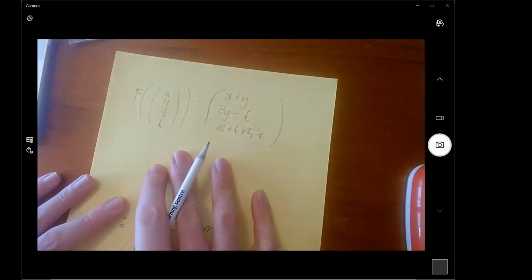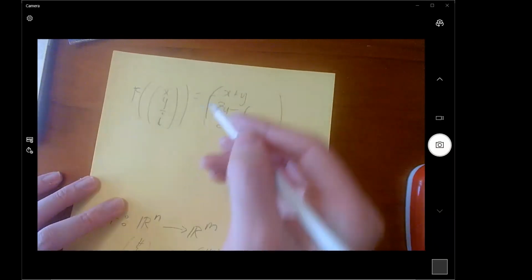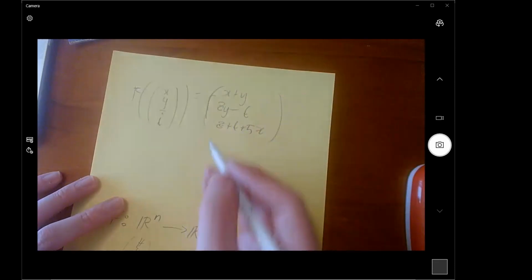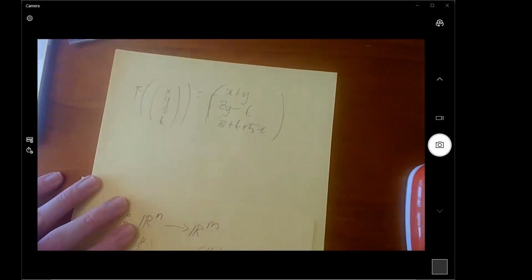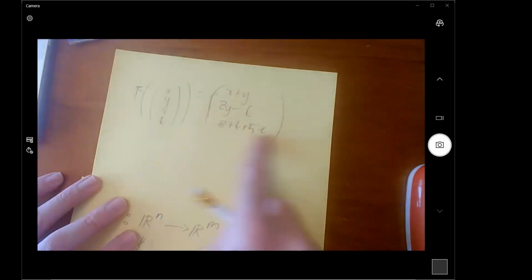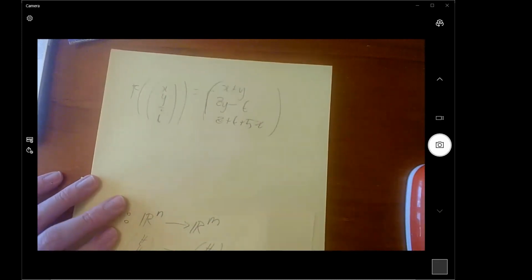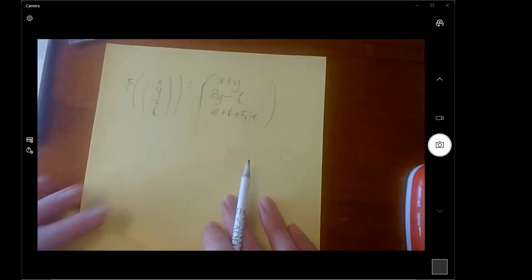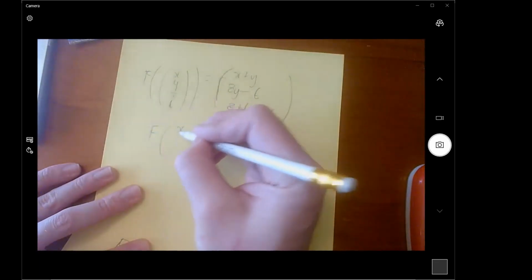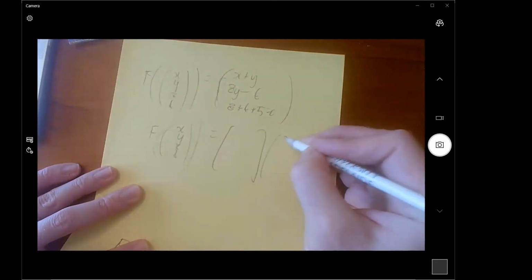There are other formulas you could do. There's nothing stopping you doing x squared plus y squared or y times x or the square root of z, but that won't produce a linear transformation. It'll only be linear if these look like linear combinations. It turns out that every linear transformation, no matter how you think of it, as long as you're sure that these rules work, you'll be able to rewrite it as matrix times vector.